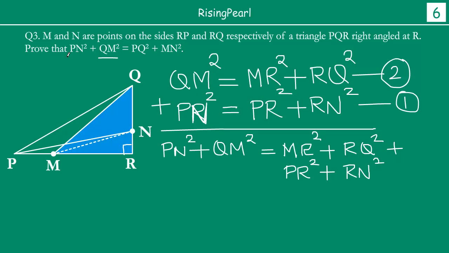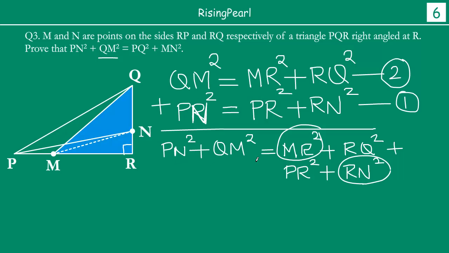So we have got our left hand side PN square plus QM square. Now let's figure out this. If I take these two terms, MR square and RN square, together, I'm just trying to rearrange this.